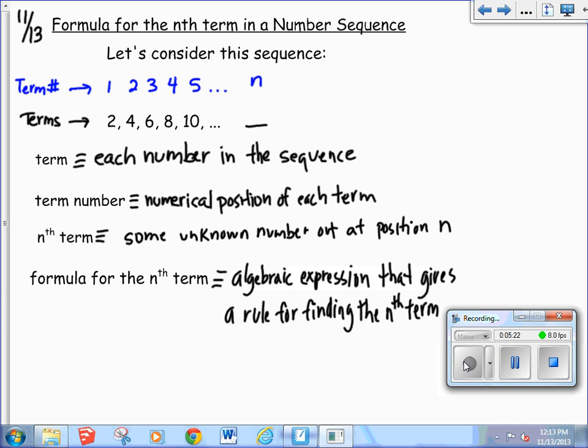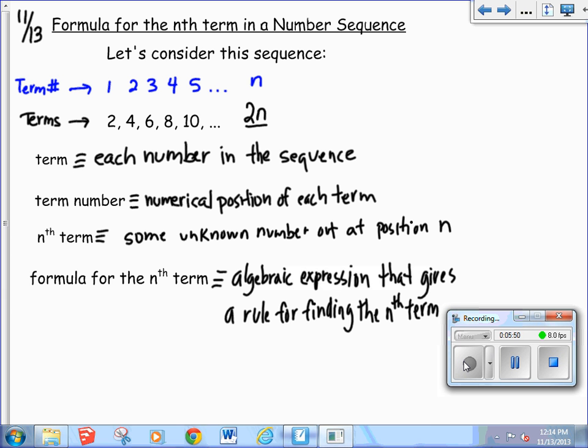So what would be an expression for the nth term? What would you say the nth term would be as an algebraic expression? Will? 2n, he said sensitively. Let's see if that makes sense. That means that for any number in this sequence, if we take its term number and we multiply it by 2, we get the right answer.